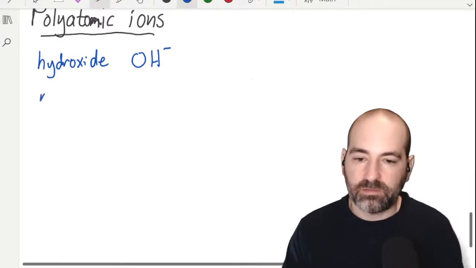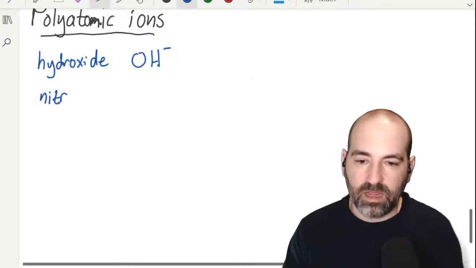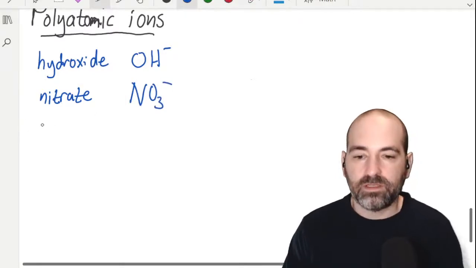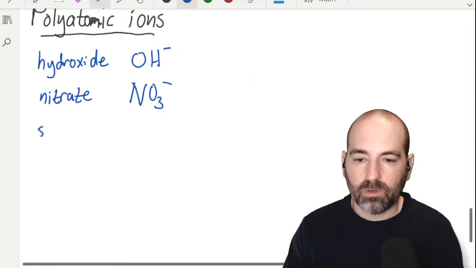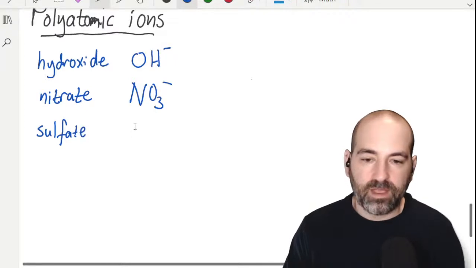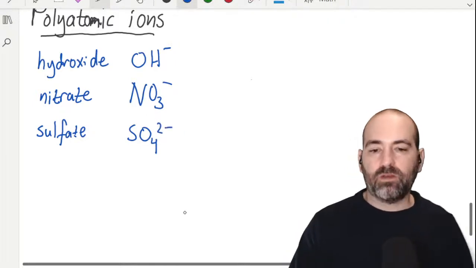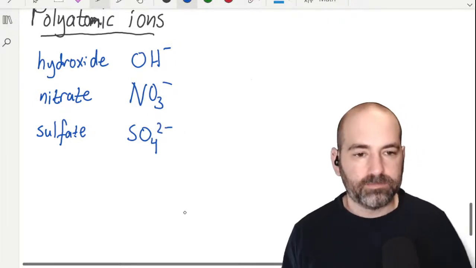And there's a bunch of these. I'm not going to list them all or even many of them, just a few. There's nitrate, which is a common one, which is NO3 -1. There is sulfate, SO4 2-.